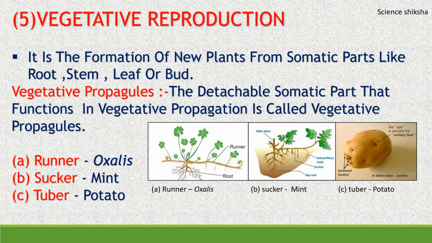The detachable somatic part that functions in vegetative propagation is called a vegetative propagule. Examples of vegetative propagules are runner, the example is oxalis; sucker, example is mint; tuber, example is potato. All of these are shown in the picture also.